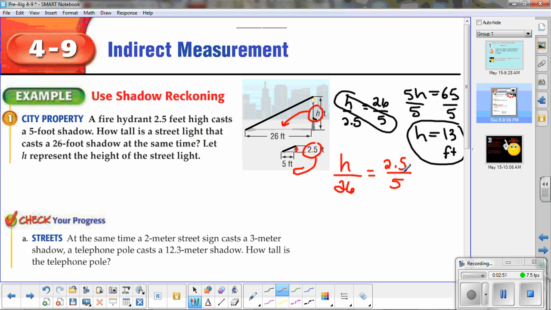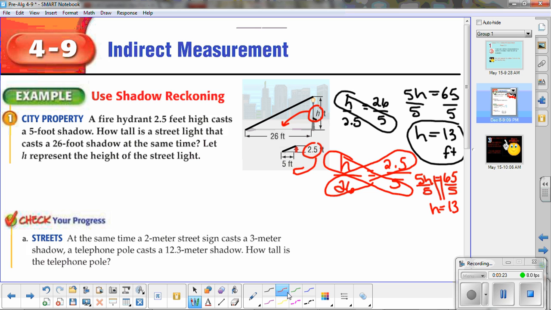And if you go and set up this problem to solve, H times 5 is 5H. And then 26 times 2.5 is 65. You'll notice you have the exact same problem. It's just set up a different way. And then 65 divided by 5 is 13. So it doesn't matter how you set it up as long as you're consistent and organized with the way you do it. You may want to pause the video and try the next one on your own.